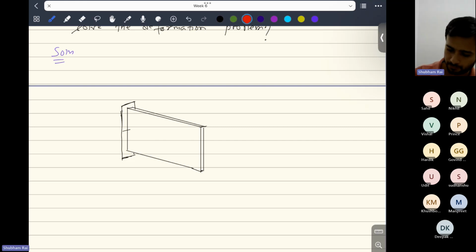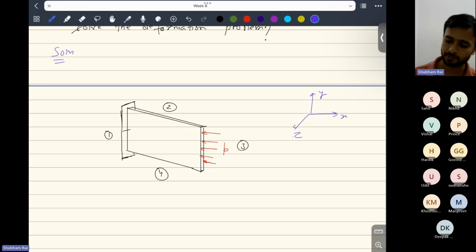And there's a force per unit area that is applied here. And let's say this is P. So I'm saying that let's say this is side one, side two, side three, and side four, and the coordinate system here is, so this is direction Y, this is direction X, and this is direction Z. Okay.